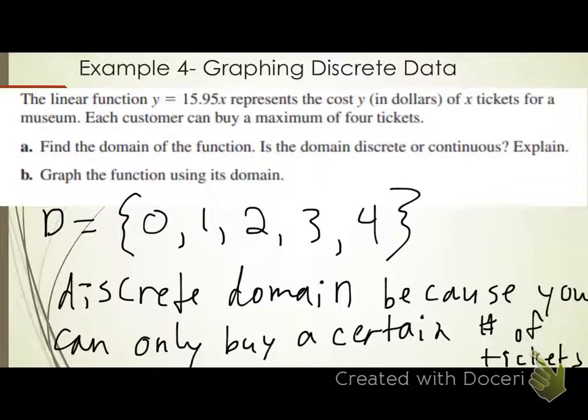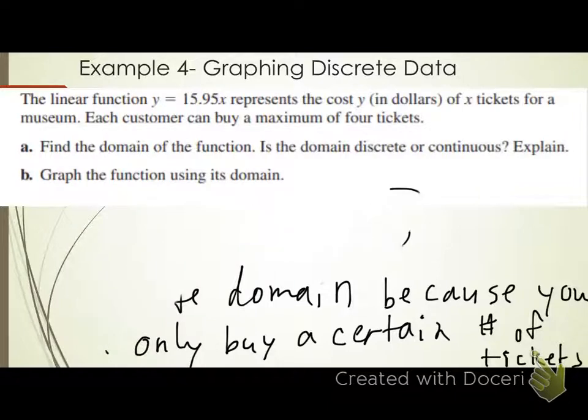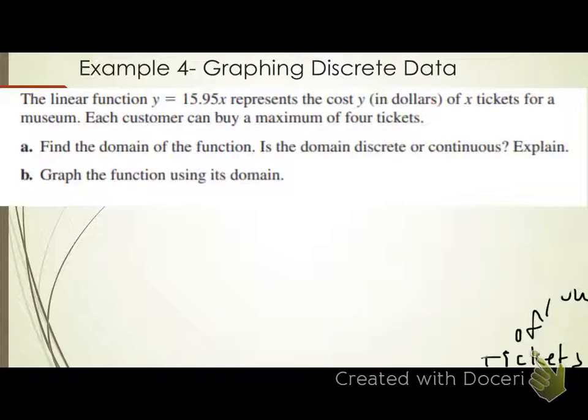It says graph the function using its domain. So I'm going to erase letter A, give myself a little more room to work with letter B. Letter B, it says graph the function using its domain.